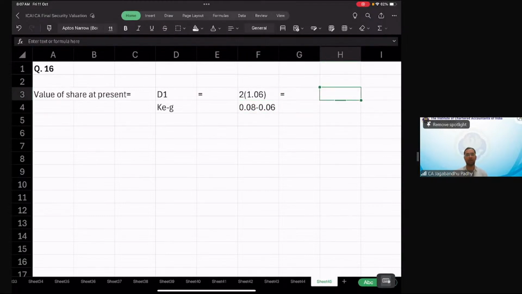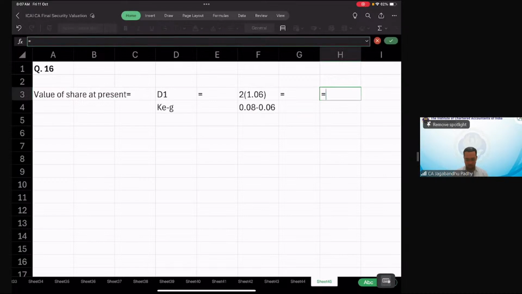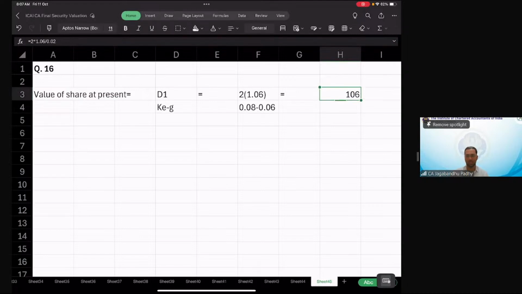So the current market price of the share is 106. Currently the share is trading at a price of 106, guys, right? So the value of the share at present is 106.